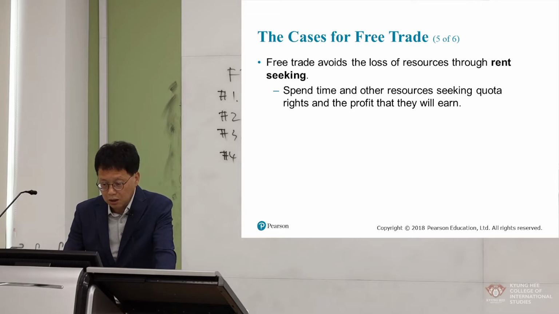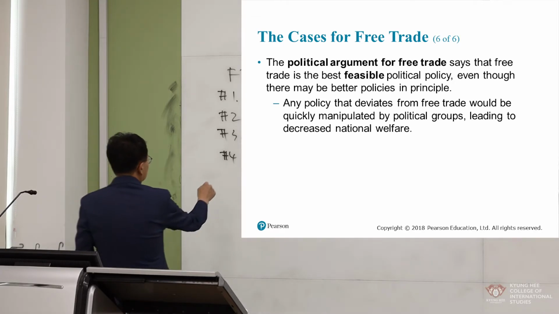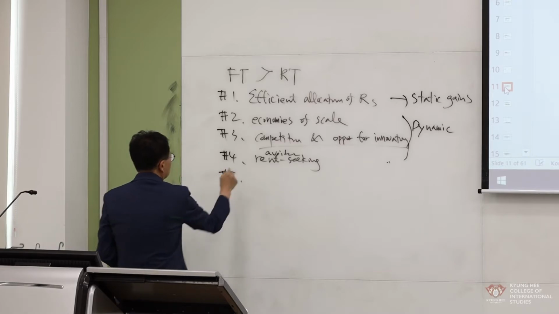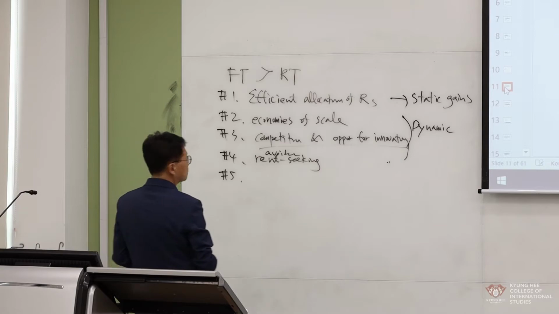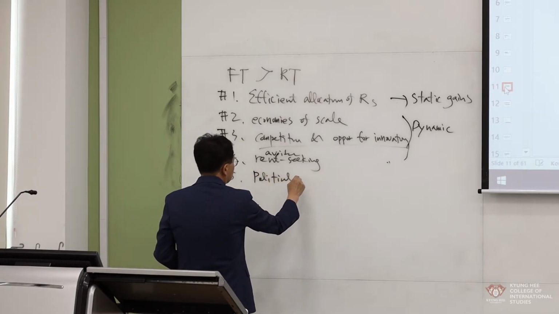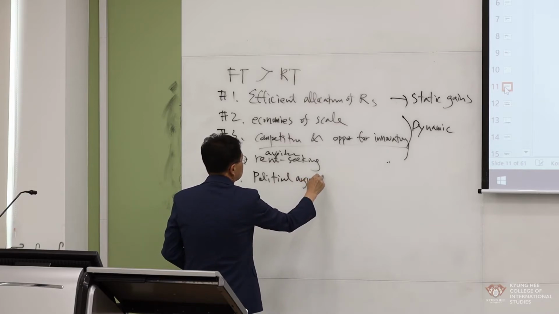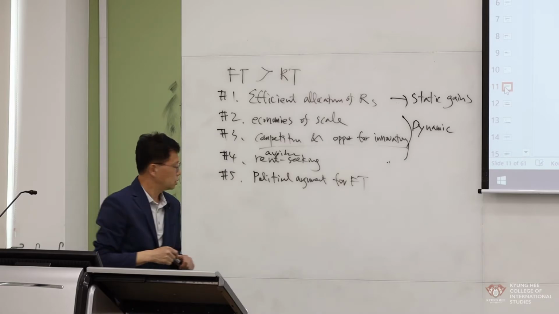And so finally, why is free trade better than restricted trade? That is the political argument for free trade. That is number 5.